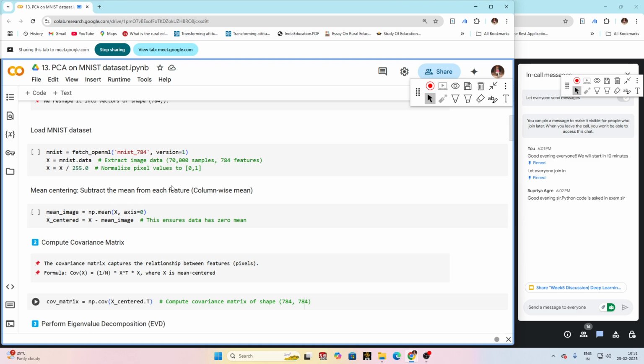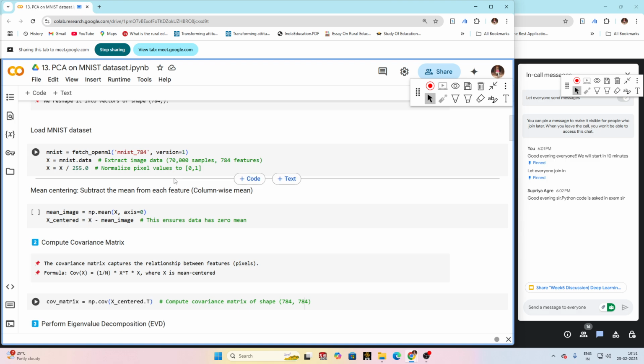So a usual practice is to normalize the data. You know, a pixel of a grayscale image is from 0 to 255. That means we have 256 values. So a pixel can take a value from 0 to 255. That is why we are dividing our data by 255. Why are we doing this?